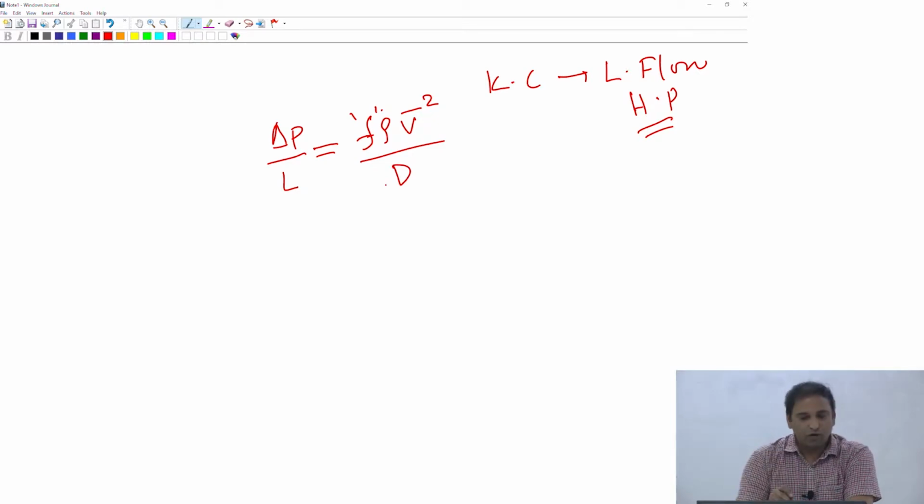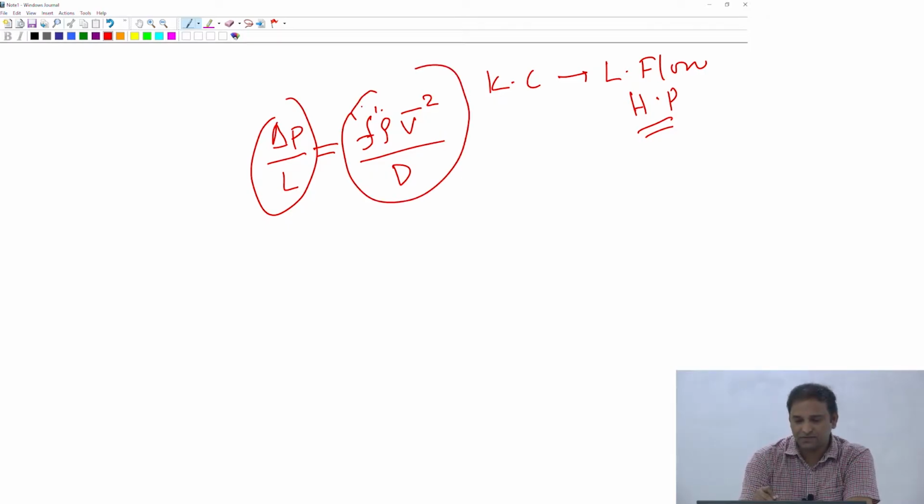That's your expression for pressure drop per unit length through the pipe in turbulent flow conditions: F is the friction factor, rho the density of the fluid, V the average velocity with which the fluid is flowing through the packed bed, and D is the diameter of the conduit.